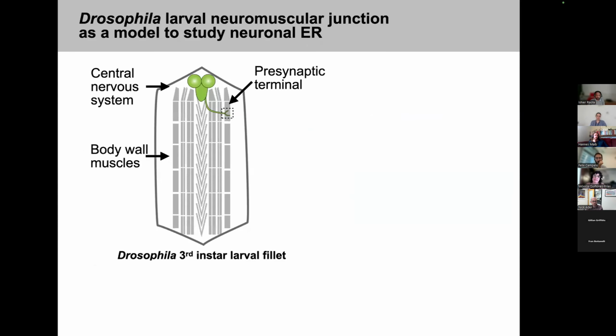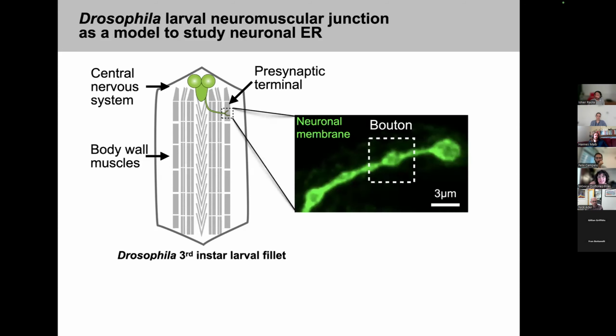As a model system, I'm going to be using the Drosophila larval neuromuscular junction as a model synapse to study neuronal ER, and I'm going to be focusing primarily on presynaptic terminals. Just for a little neurobiology vocabulary, I'm going to be focusing specifically on synaptic boutons, which are swellings within the presynaptic terminal that have the machinery that regulates neurotransmission.